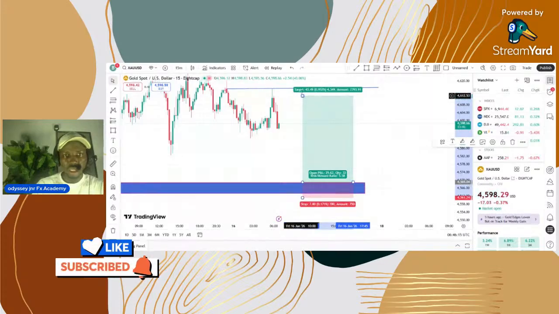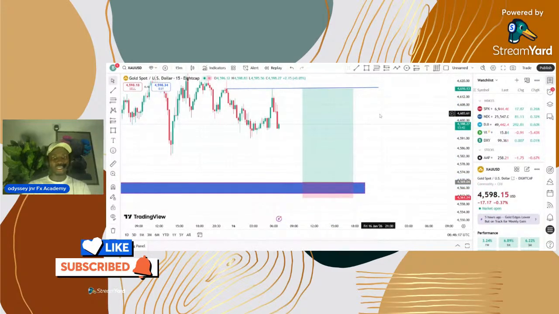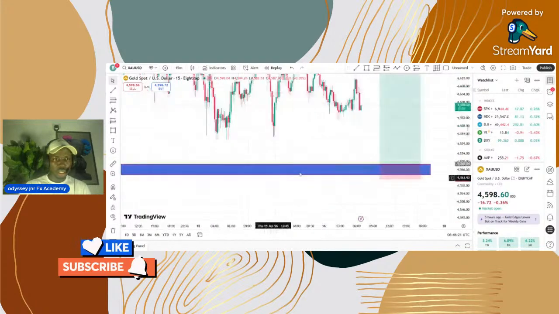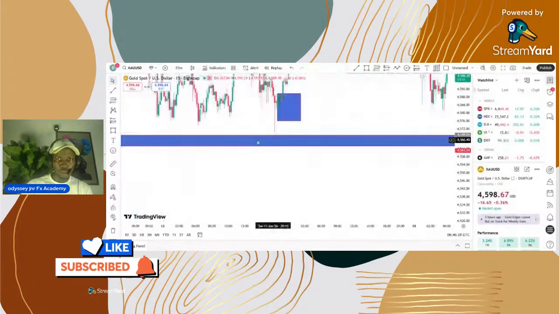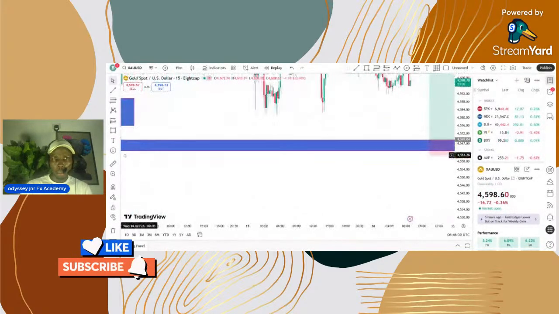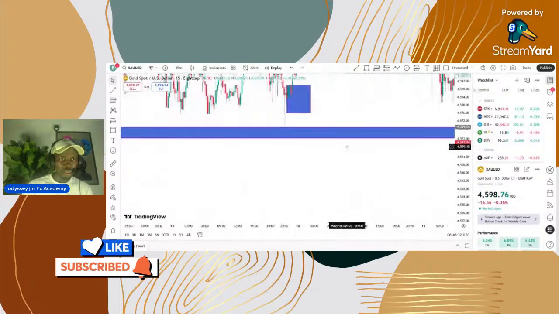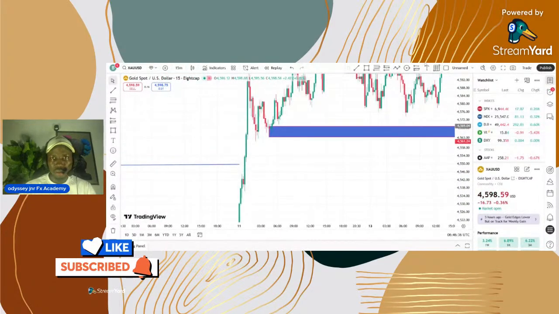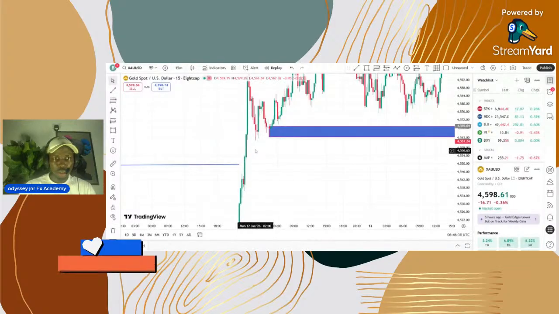And let's see whether the low was covered. This low, whether it was covered.